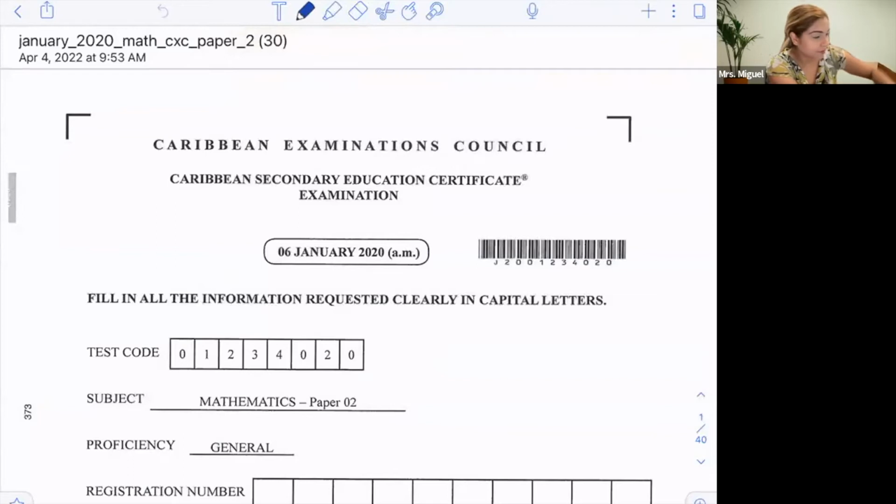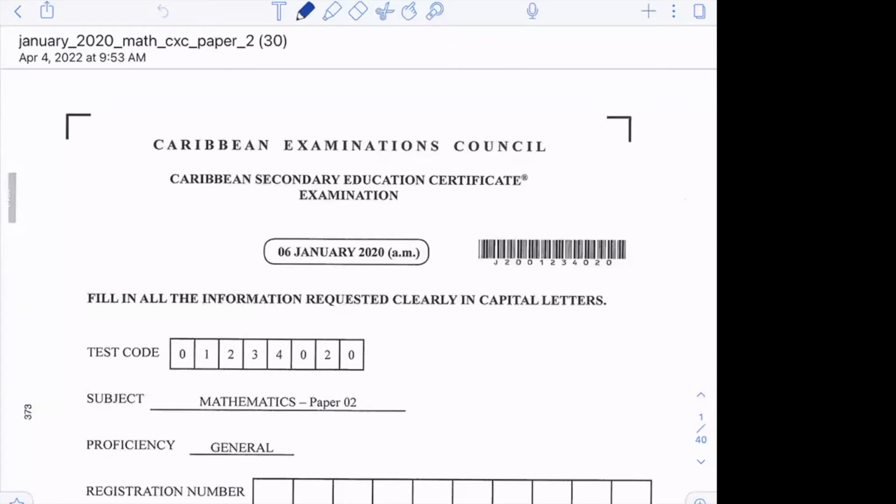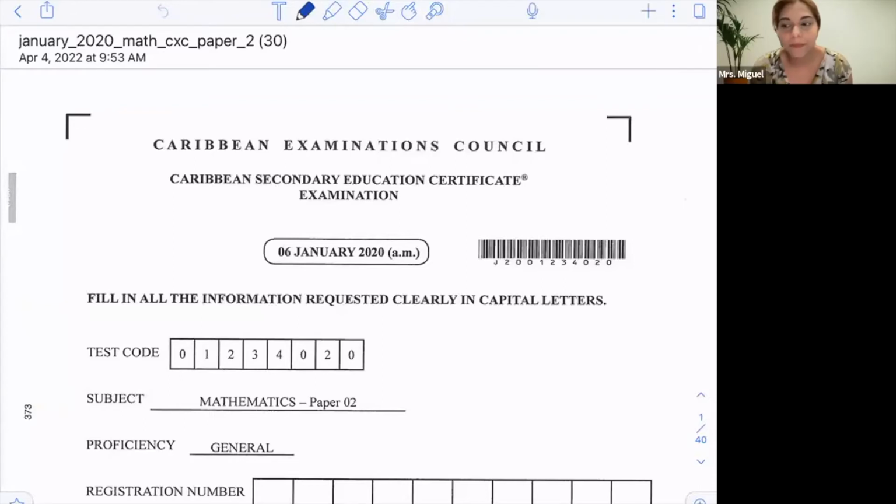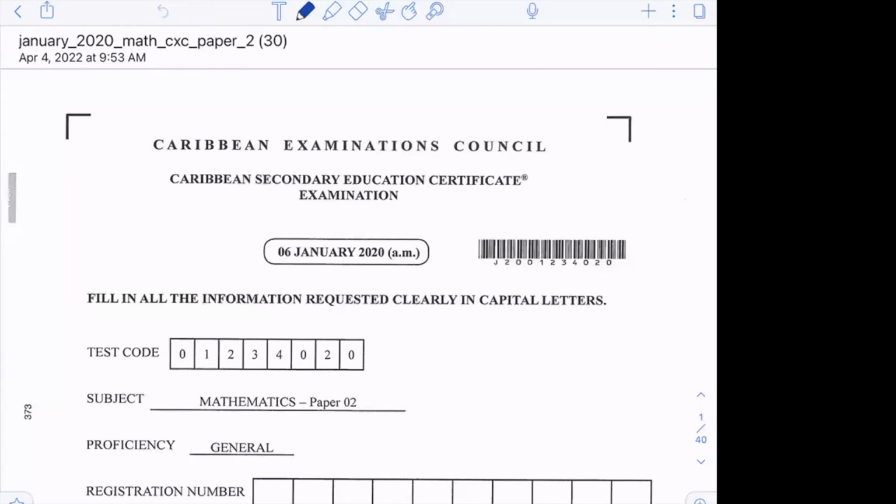What page is it on the booklet? January 2020. Who could be so kind as to tell the others what page it is? 124.